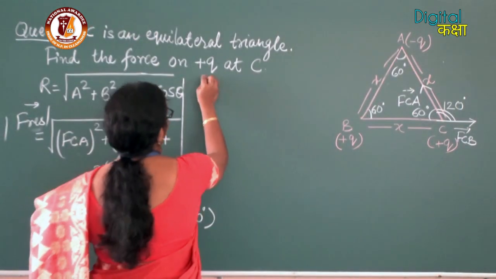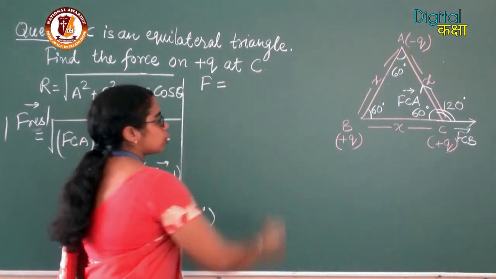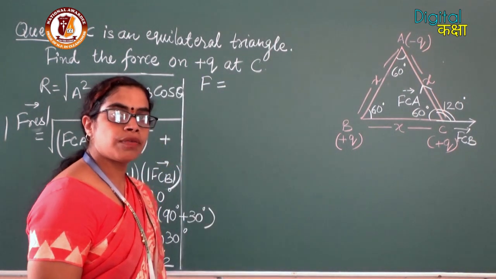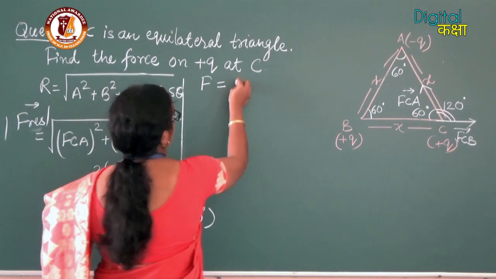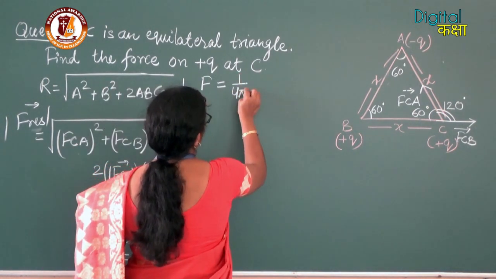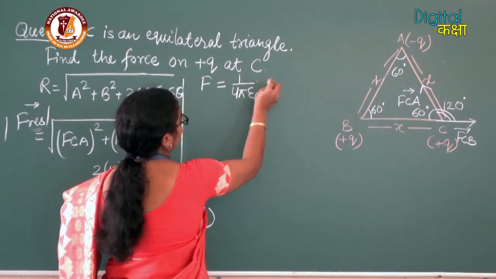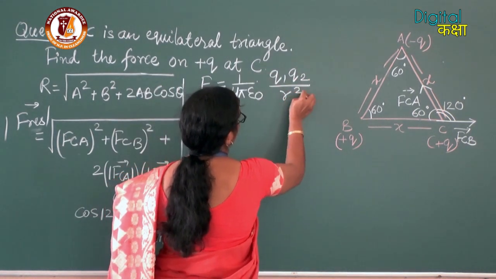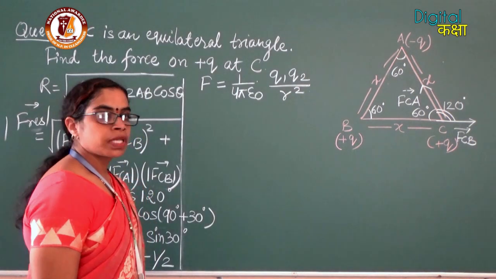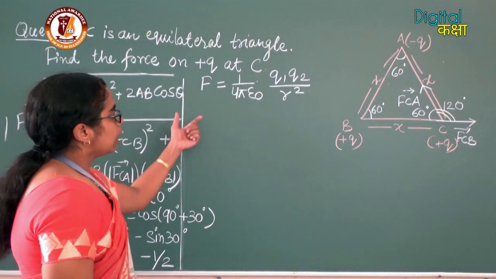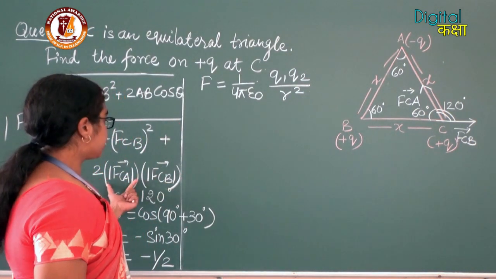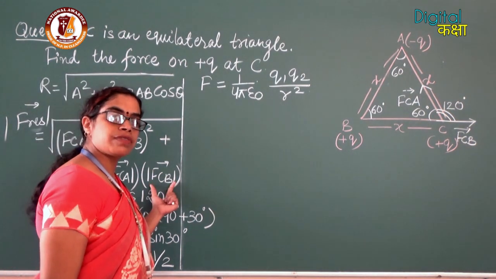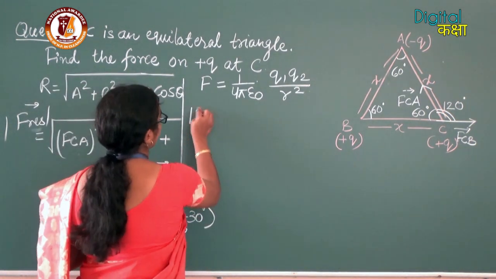Now proceeding with the application of the formula given by Coulomb's force, F is equal to 1 upon 4 pi epsilon naught Q1 Q2 upon r square. In this case, again the magnitudes of vector FCA and vector FCB will remain the same.